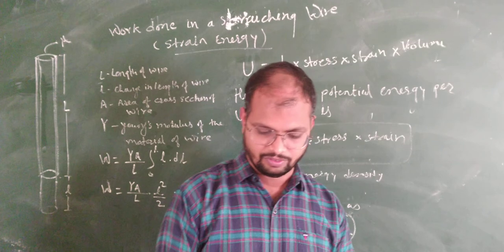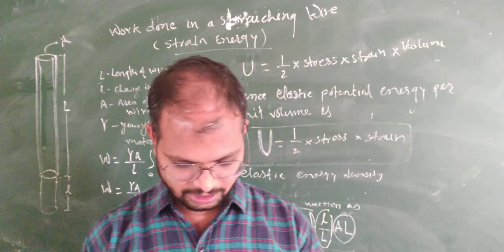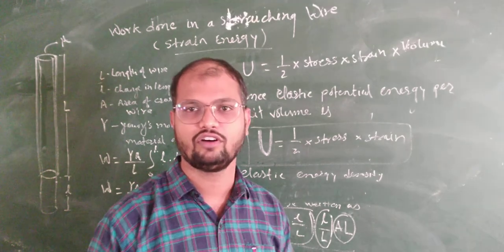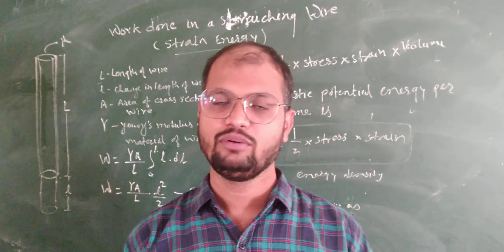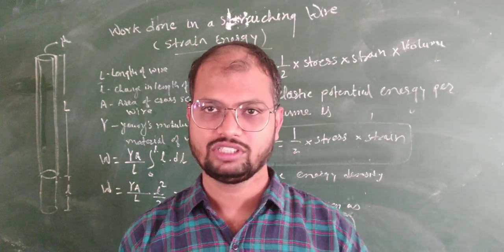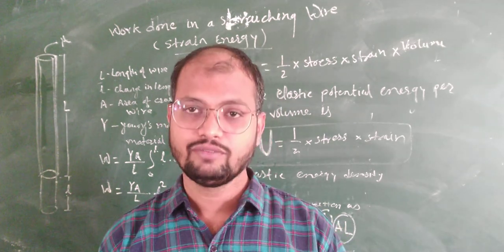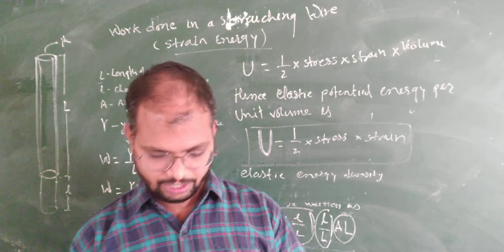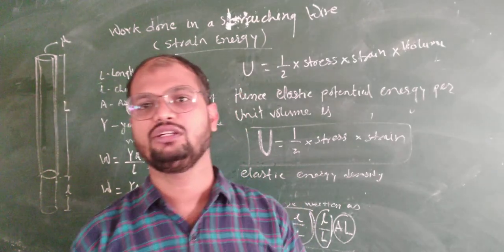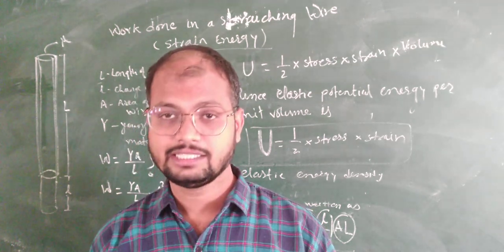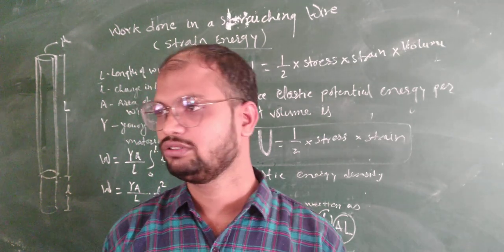So from this we can say that U is equal to half into stress into strain into volume. The potential energy per unit volume is then half into stress into strain. This is also called the elastic energy density.